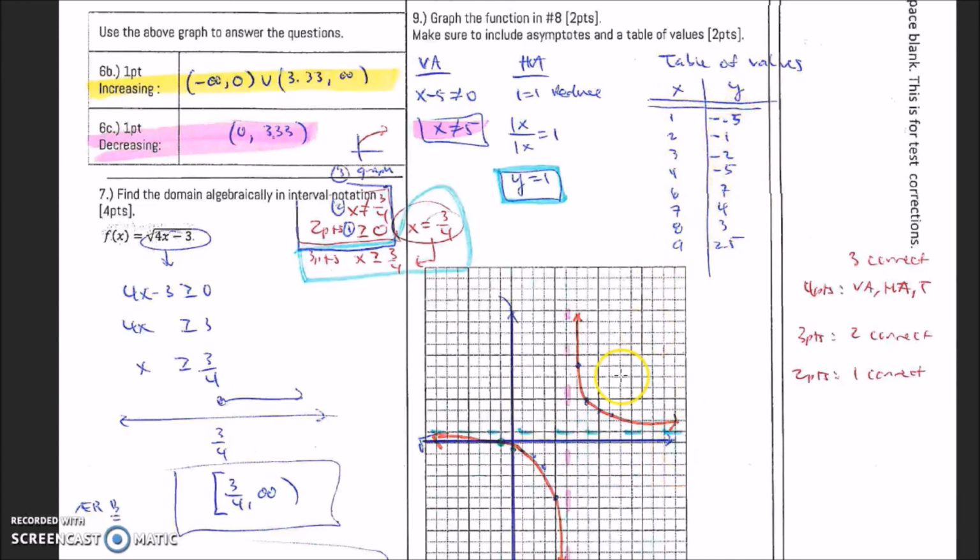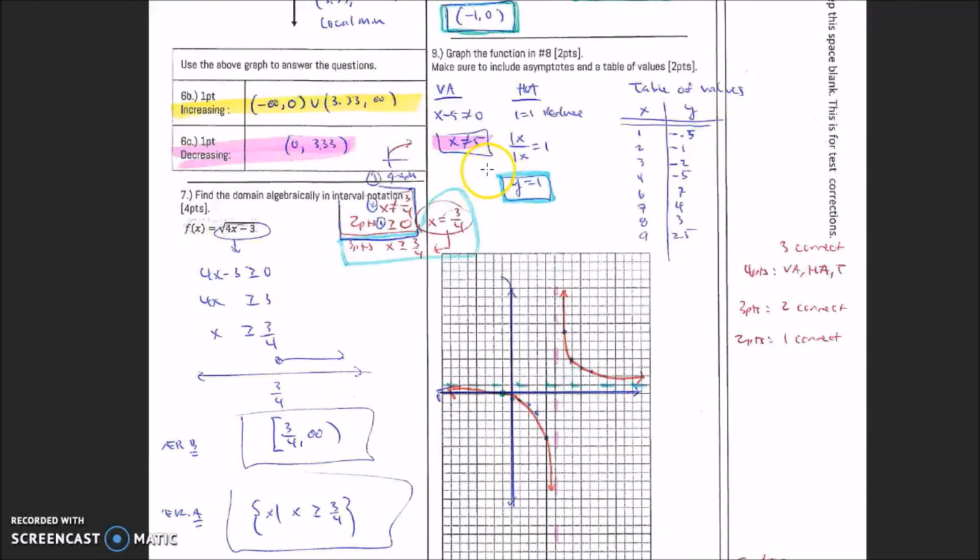And just graphing those ordered pairs, and you'll see my graph gets into this quadrant here and this one. And you'll notice a lot of times, not all the time, that your rational functions are smooth curves on the opposite sides of one another. I awarded you 2 points for a correct, accurate graph, and then 2 points for an accurate vertical asymptote, horizontal asymptote, and table of values.